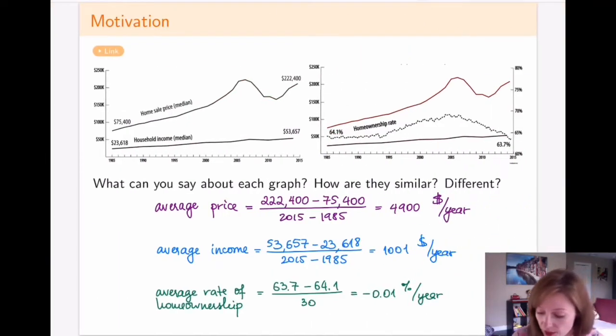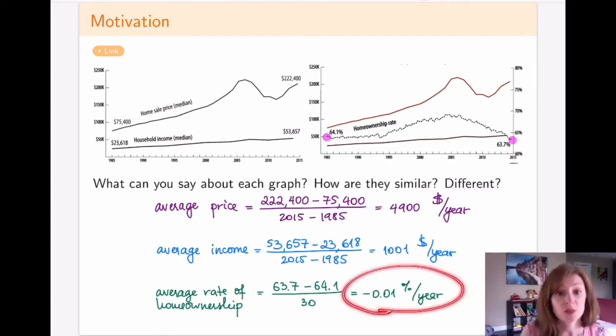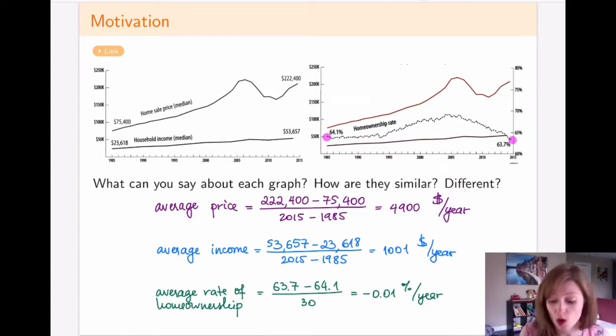Here, the last data point actually happens to be below the initial one, so our average comes out to be negative 0.01% a year. So then if you were putting in a sentence, you would say that the home ownership rate was decreasing by approximately 0.01% a year.